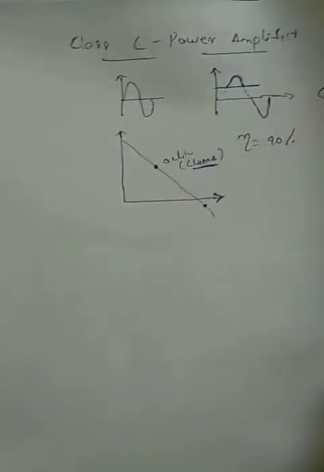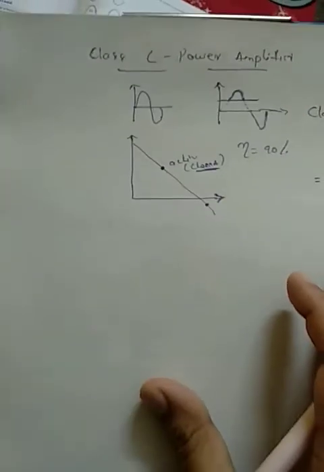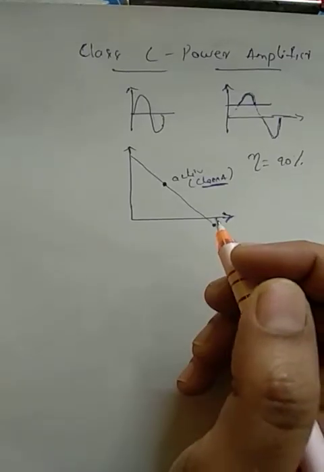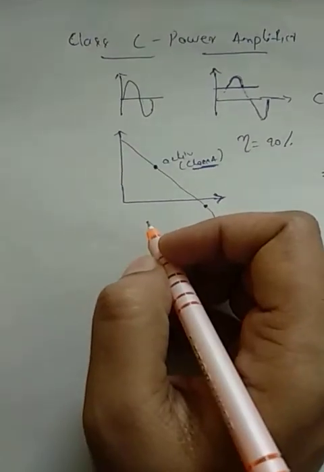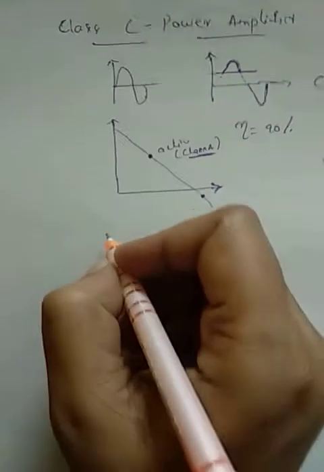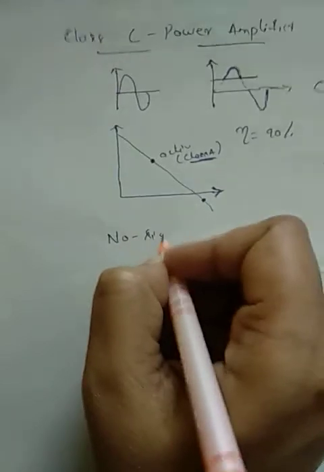In a class C power amplifier, the transistor is biased such that it remains off when no signal is applied.